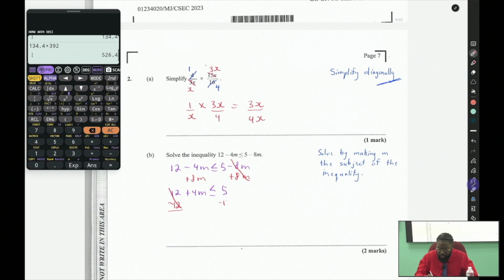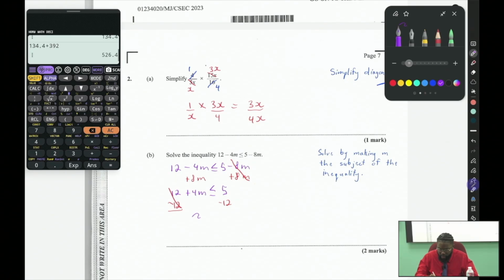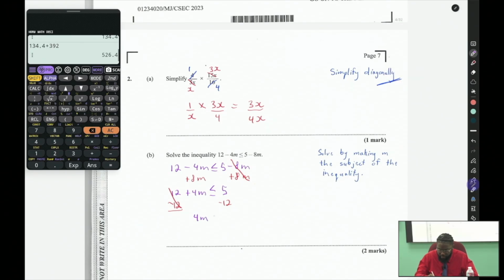And we do it on both sides. So then we'll have now 4m less than or equal to 5 minus 12, which would then give us negative 7.